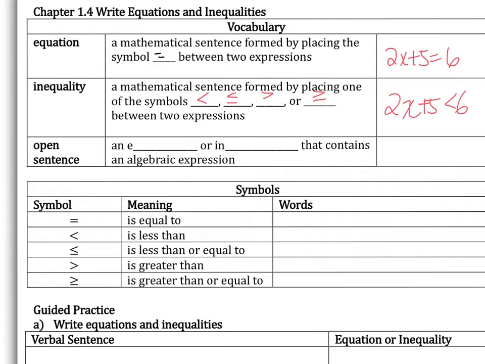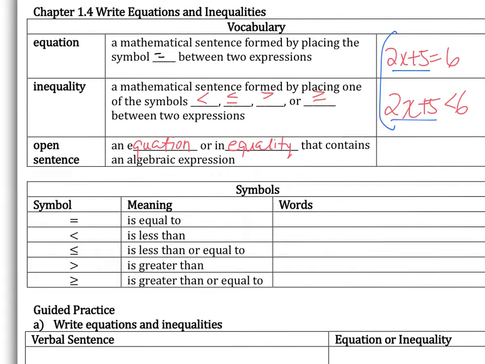And here we have the vocabulary term open sentence, which is just an equation or inequality that contains an algebraic expression. So both of these can be considered open sentences because they both contain algebraic expressions.